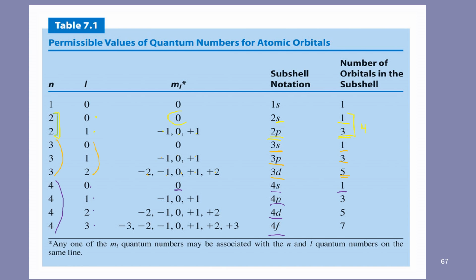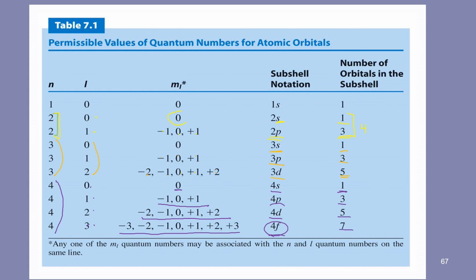But if I'm in a p subshell, there's 3 values, 3 orbitals. If I'm in a d subshell, there's 5. And now when I'm in the f subshell, there's actually 7 values of M sub L, which means there are 7 orbitals on the 4f subshell.